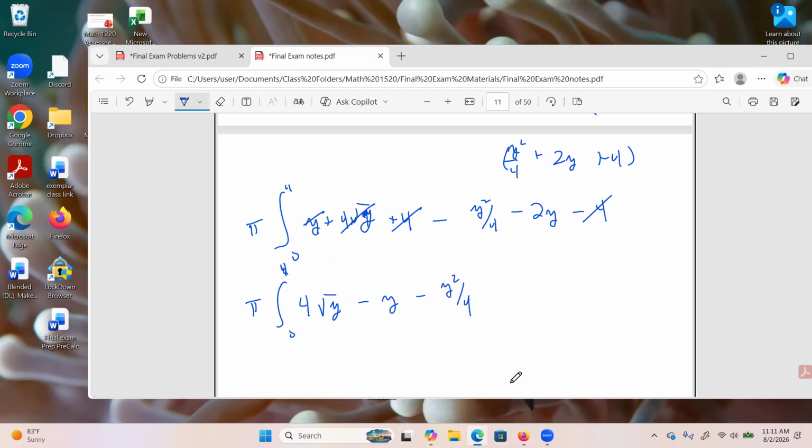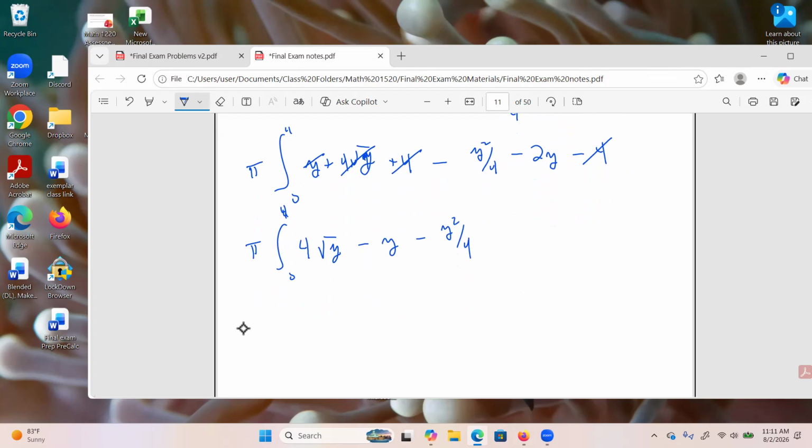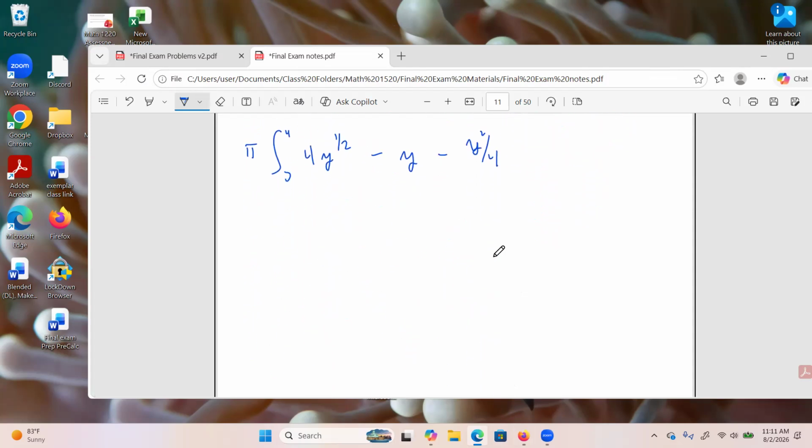So I'm going to make this into a calculus problem rather than an algebra problem. So we have pi integral 0 to 4 of 4y to the 1/2 power minus y squared over 4. Okay. Easy enough. It's polynomial. Let's just integrate it. So we have 4 times y to the 3/2 times 2/3 minus 1/2 y squared minus y cubed over 3 times 4, which is going to give me 12, going from 0 to 4.